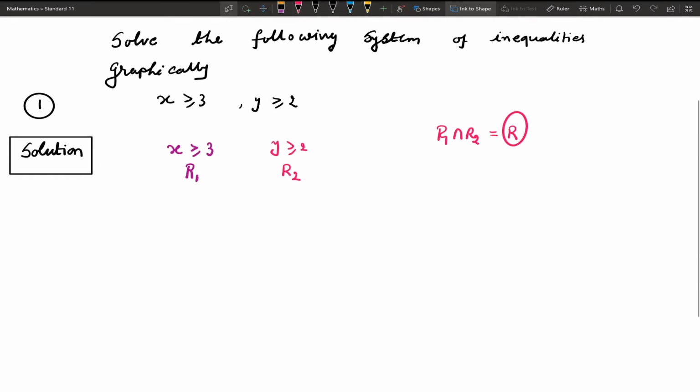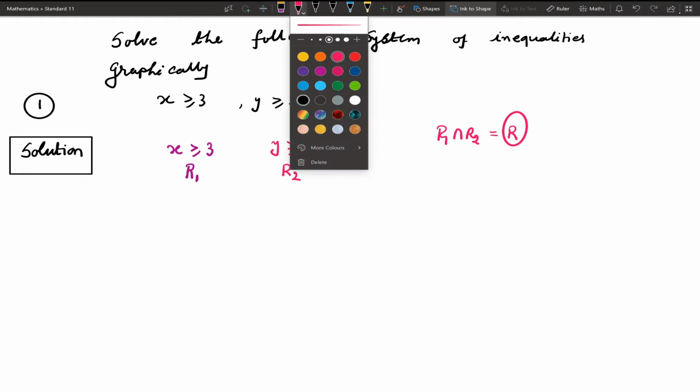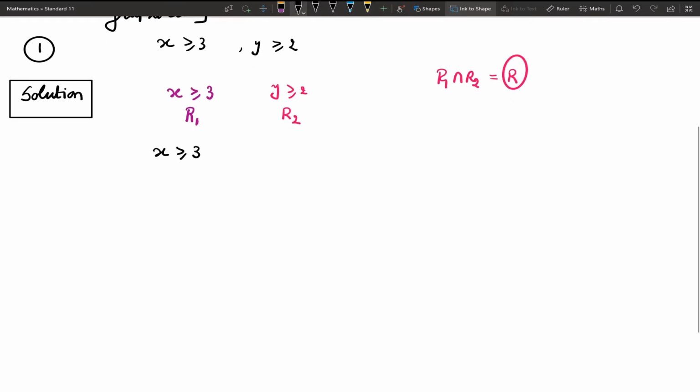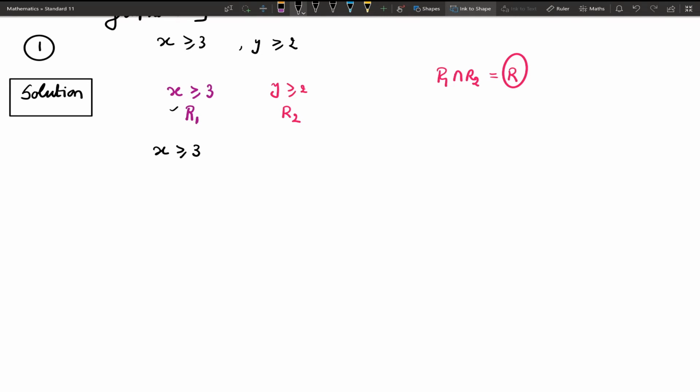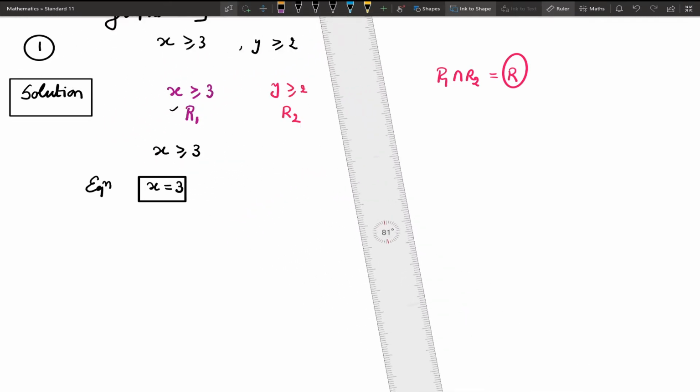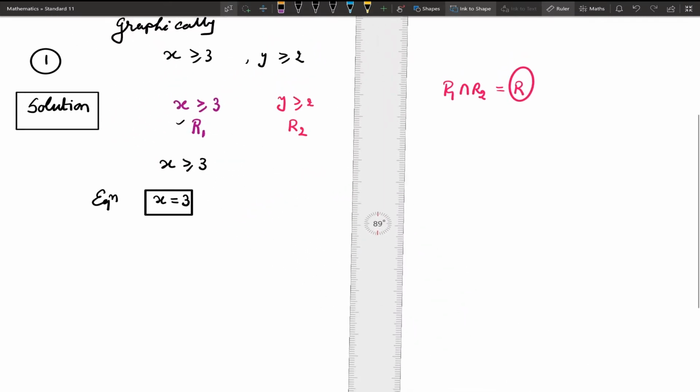So now, x greater than or equal to 3. First let us find region R1. From the inequation, if we get the equation, it will be x equal to 3, which is nothing but a vertical line. We know that in the two-dimensional plane, x equal to a represents a vertical line.